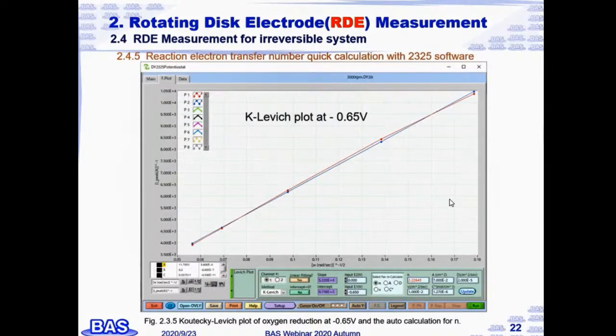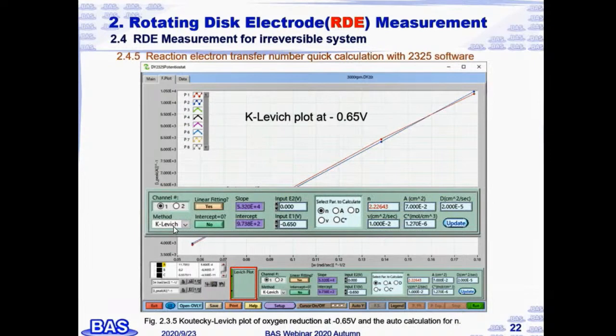If you use the Model 2325 Bi-Potentiostat for RD measurement, the Koutecky-Levich plot data analysis will be quick and easy. Overlay the RD data in the F-plot window, select the Levich plot function, then select the method Koutecky-Levich.